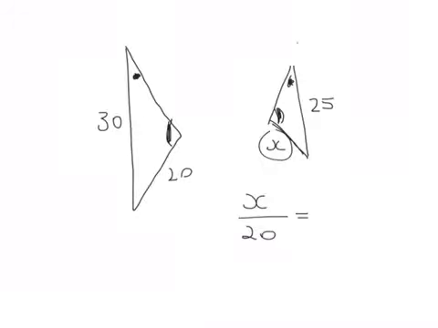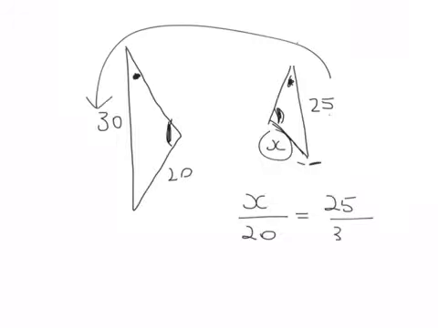Then we go back to this triangle, the other side, which is 25, and we put it over the side that matches it on the other triangle, which is 30. Then it's an equation, so we want to get rid of the 20, so we times by 20. Whatever we do to one side, we do to the other. Then the 20s cancel, and we're left with x equals 25 times 20 over 30.